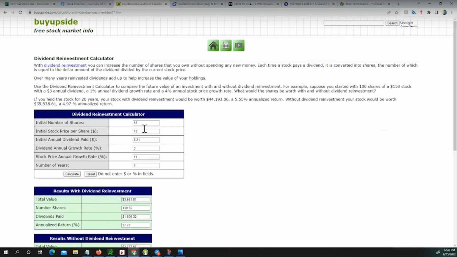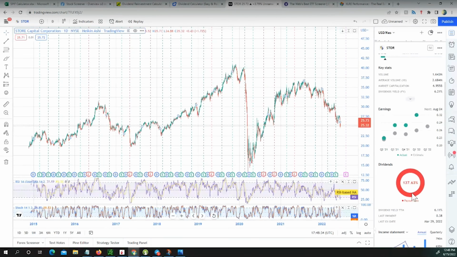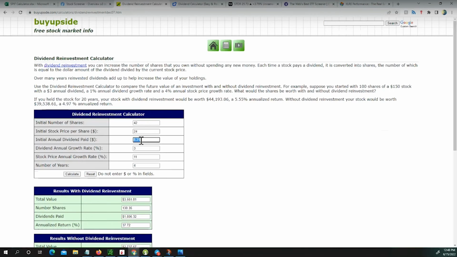So at 24, you'll buy around 42 shares of this thing. Then it's $24 a share. Annual dividend paid. Oh wait, it's around $5.76. Okay, $5.76.